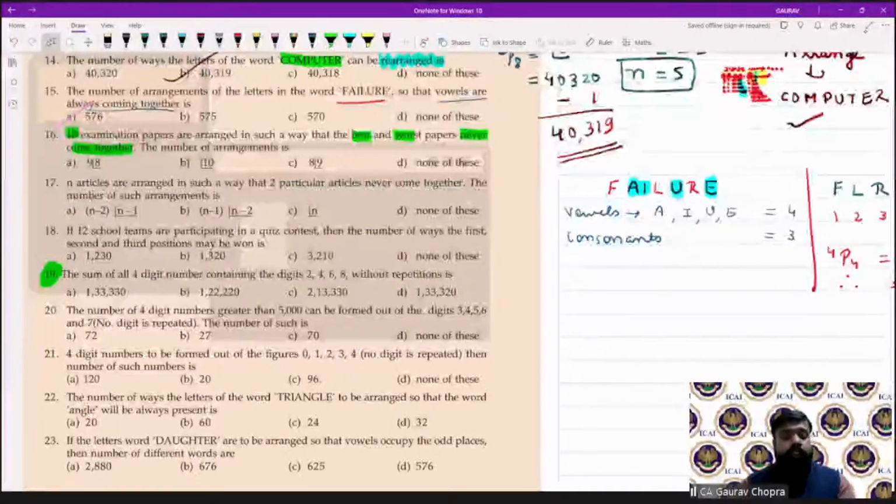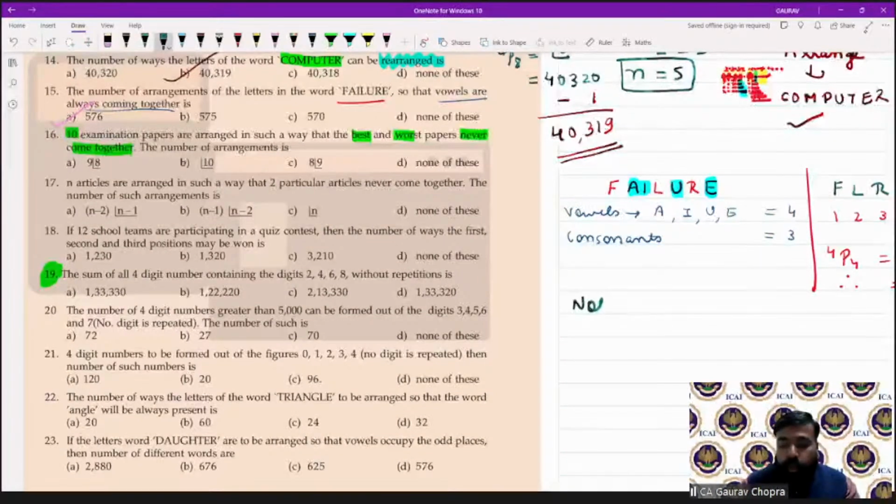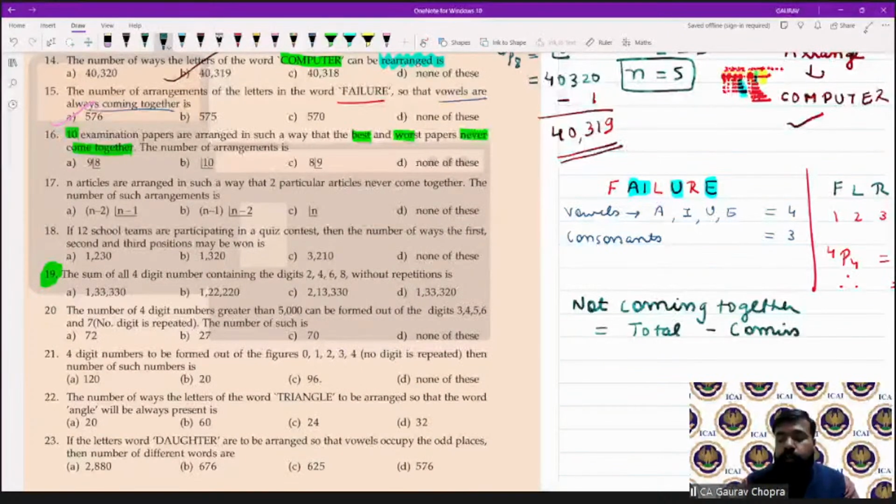So how to solve such kind of questions? Whenever there is a condition of not coming together, whenever the requirement says not coming together, then what we have to do?